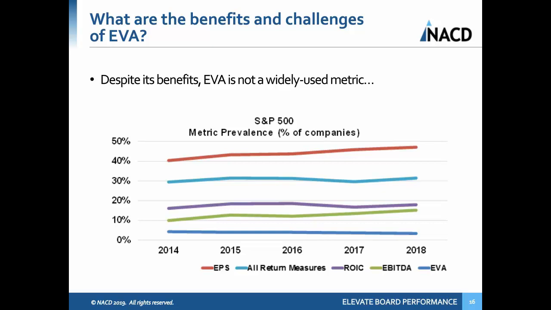So whether it's ROIC or return on assets or return on tangible equity that you might see for a financial institution, and then EPS, which for a lot of folks ends up being the number that they look at at year end and see how it compares against the prior year. Not that EPS is a preferred performance measure, but it does capture the attention of a lot of investors.